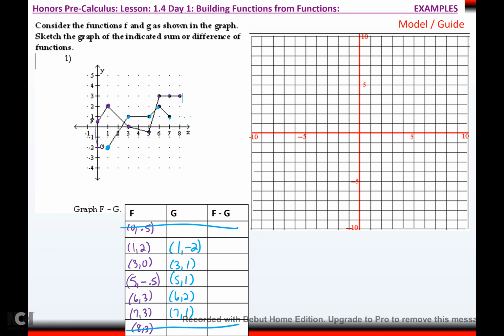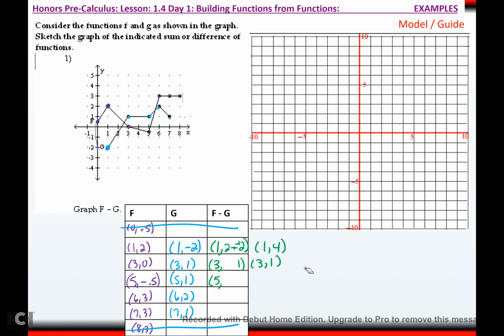So now what you do is you keep the x coordinates the same and you do the math on your y's. So f minus G is going to be 1, 2 minus a -2. That's going to be 1, 4. This one we're going to keep the 3 and 0 plus 1, so that's going to be 3, 1. Keep the 5.